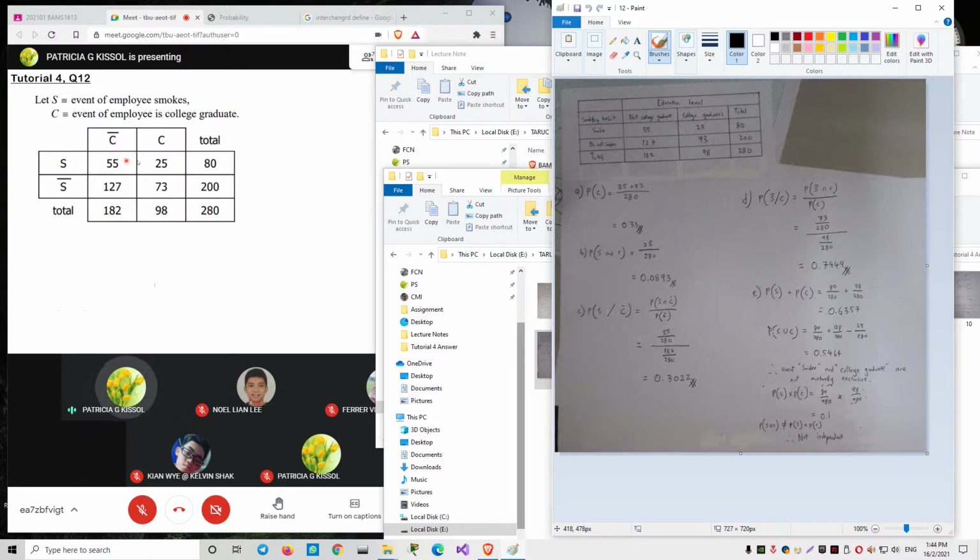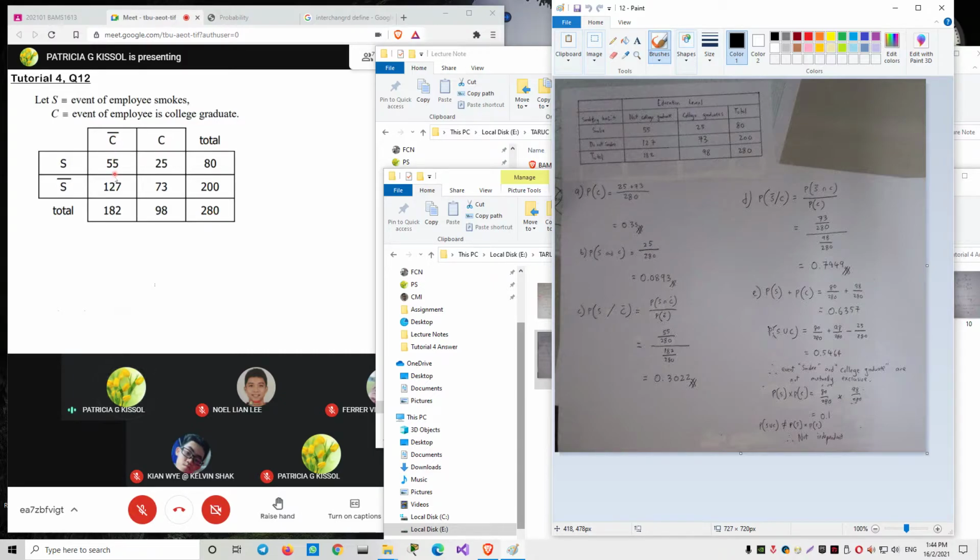So for each one of them we get a total. So this is an example of a contingency table to solve probability questions. We have discussed it during class. So you see 55 plus 25 you get 80, 127 plus 73 you get 200, and the total, the 80 plus 200 gives us 280 in total.